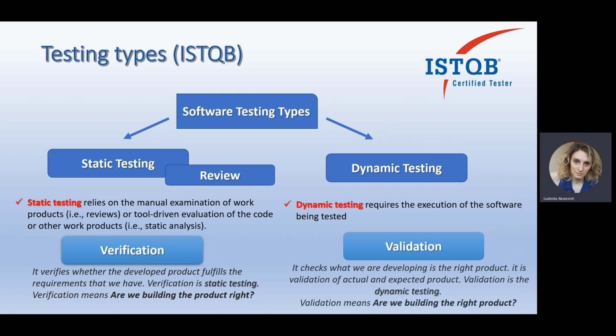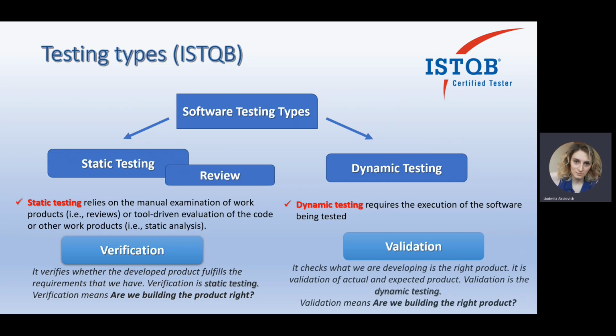But if we are talking about validation, this is the term associated with dynamic testing. Validation actually checks that we are developing the right product for our final user. So it is a validation of actual and expected results for our users.